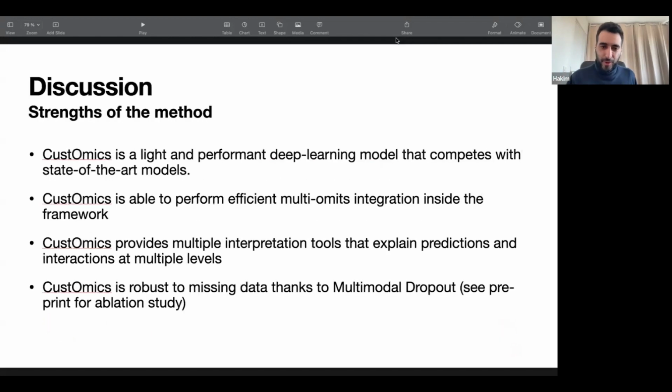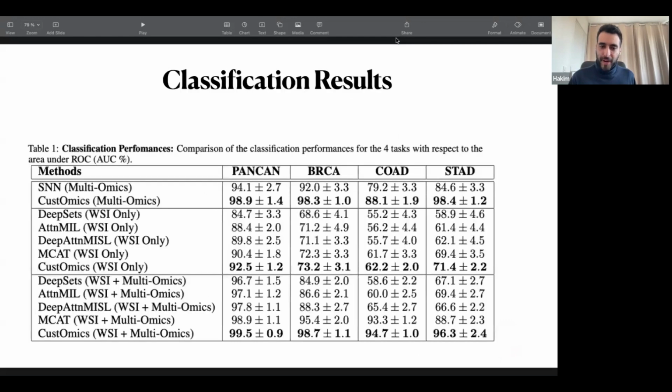When we compared with the state of the art, especially MCAT for whole slide image only, for some survival tasks we found that MCAT was actually outperforming our model for whole slide image only. We saw that in multiple cohorts where multi-omics data were far less present than histopathology for specific cases. But in general, it outperformed the state of the art.